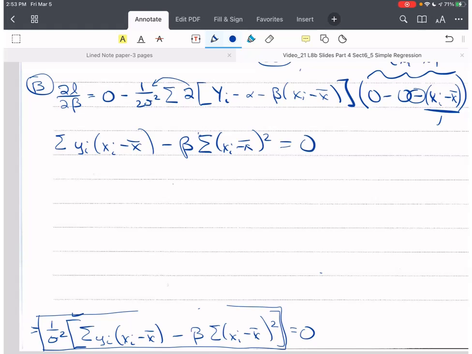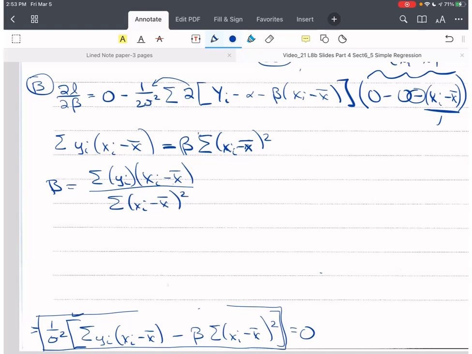So that means I can add this to both sides, and I need to solve for beta. So beta is equal to the sum of yi times (xi minus x bar) over the sum of (xi minus x bar) squared.